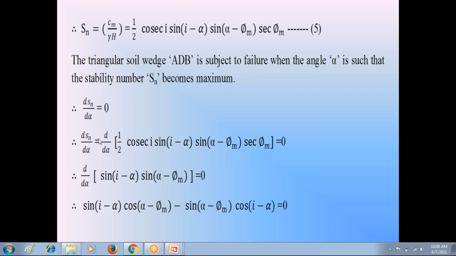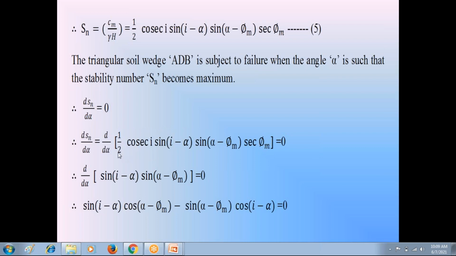So dSn by d alpha is equal to d by d alpha of Sn, equation 5, substitute that, half into cosecant I into sine I minus alpha into sine alpha minus phi m into secant phi m. This is equation 5 for the stability number Sn. Check these terms. Half is constant, take it outside the differentiation. Cosecant I is constant, secant phi m is also constant, because angle I is constant, angle phi m is constant.